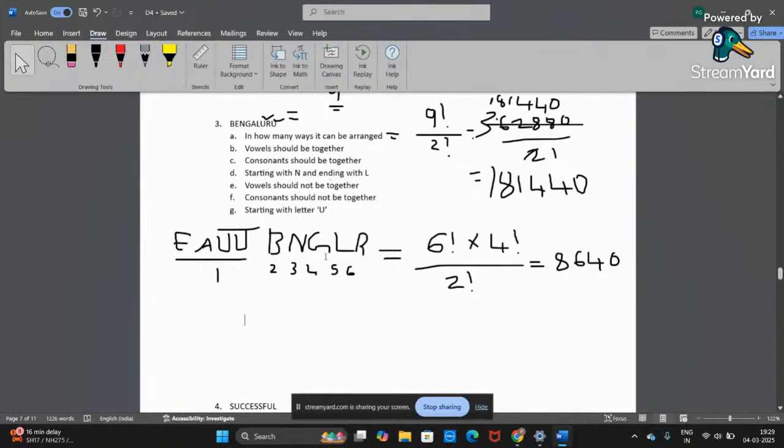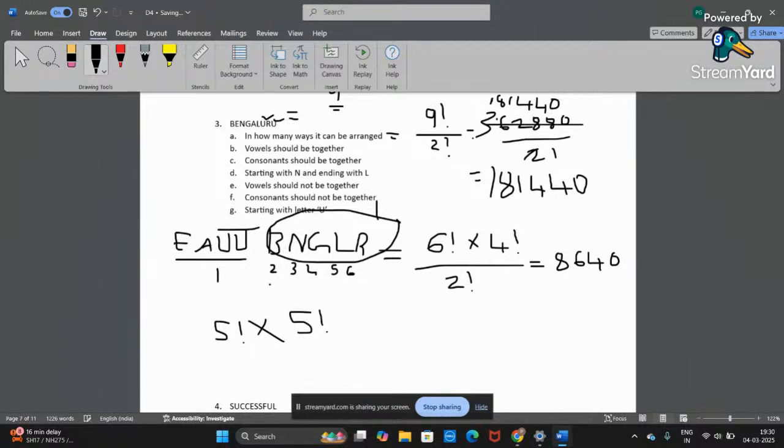Consonants should be together. What are the consonants here? This remaining are the consonants, right? So what we'll do? We'll take this complete as one letter and the rest of the vowels as one letter each. 1, 2, 3, 4, 5. So it is 5 factorial into. Even this can be arranged in multiple ways, right? So how many letters are there? 5 letters.